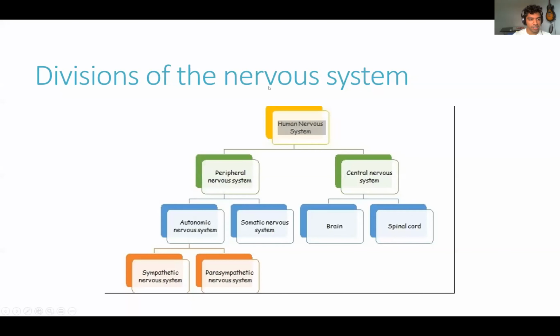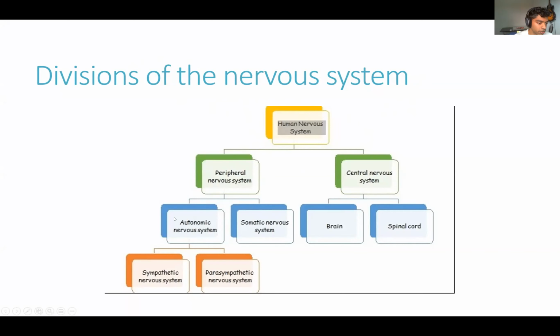Cool. All right. So basically, we want to know a little bit about the divisions of the nervous system. You guys know this stuff already. It's split into the central nervous system, which is the brain and the spinal cord, and also the peripheral nervous system. So the somatic nervous system is all your conscious stuff, so your conscious sensation as well as your conscious movement.